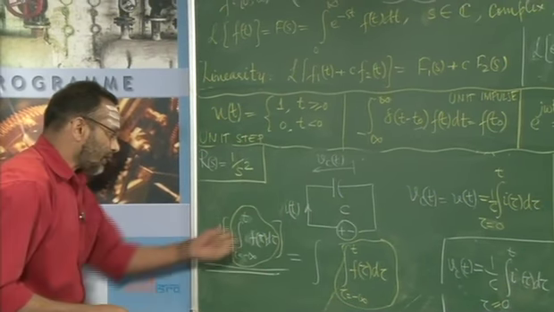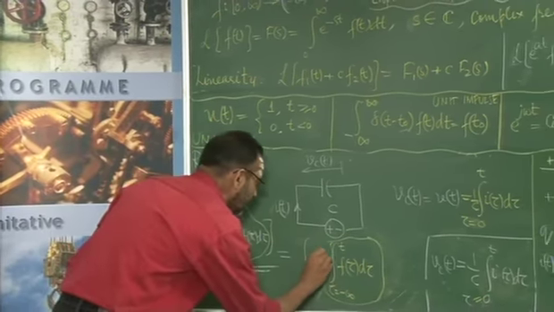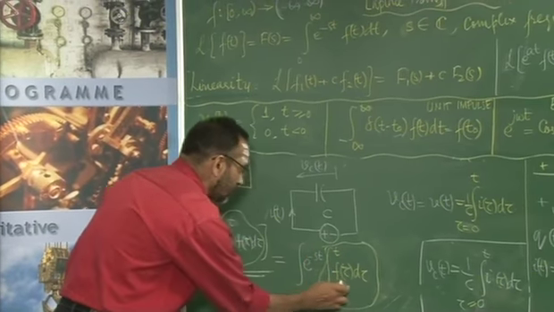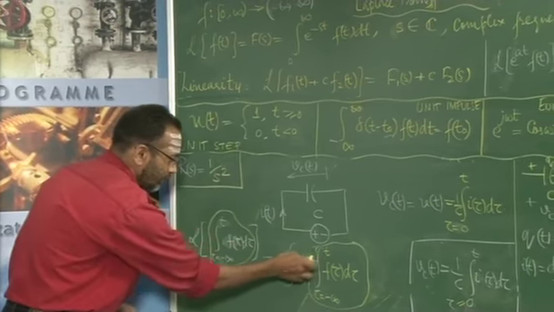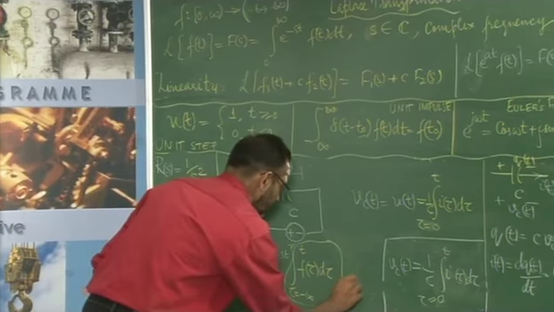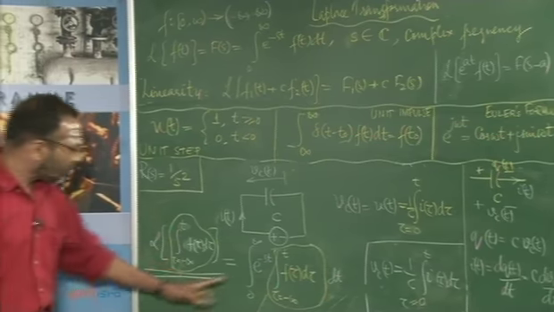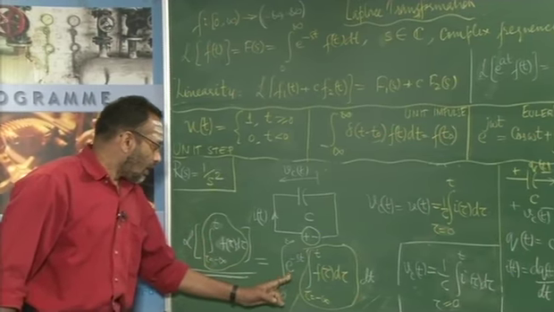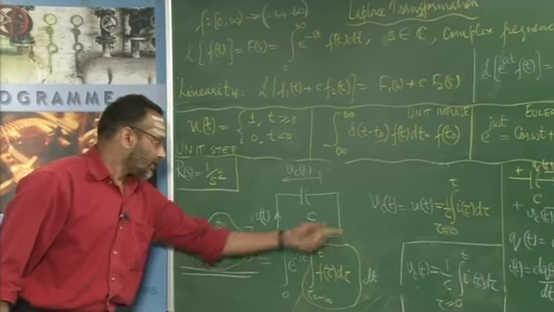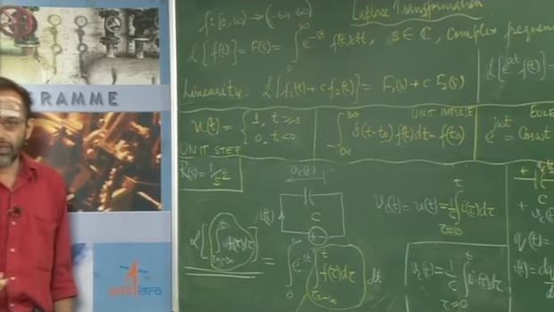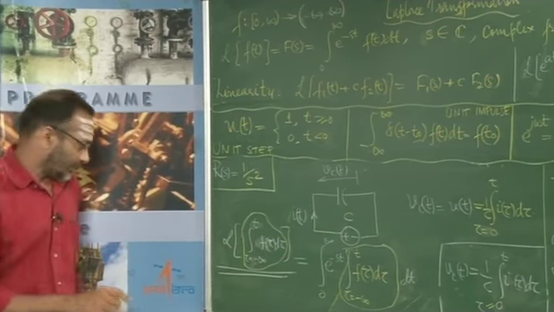Now, I must take the Laplace transform of this. So, I have e to the minus st, since this is a function of time, dt between 0 and infinity. I can actually go and compute this integral of an integral and get the formula for this, but just for the sake of a change, I am going to do it differently.